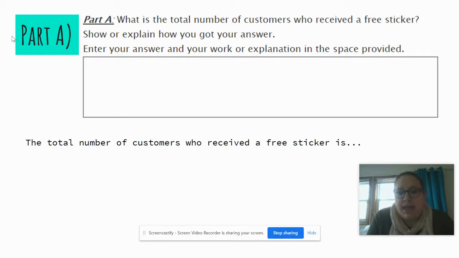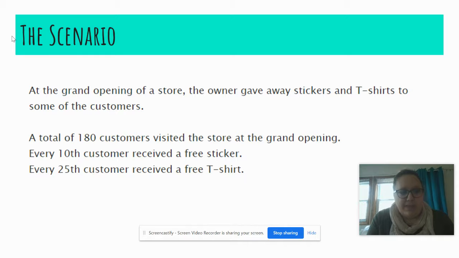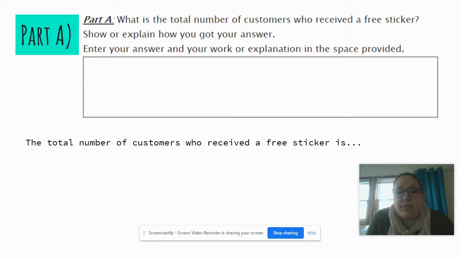Let's go back and look at the information regarding the free sticker. First thing we know is that there were 180 customers, but they did not all get a free sticker. Only every 10th did. So let's look at how many people that would be. The 10th, the 20th, 30th, 40th, 50, 60, 70.